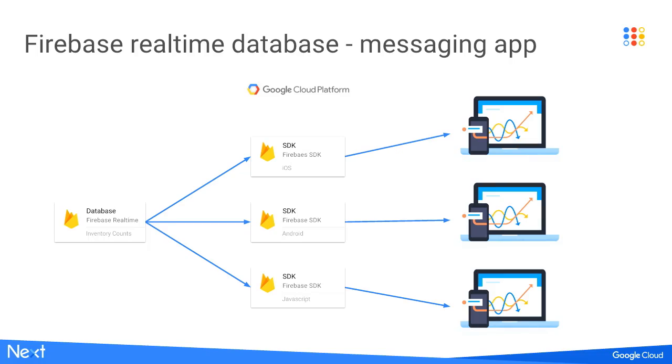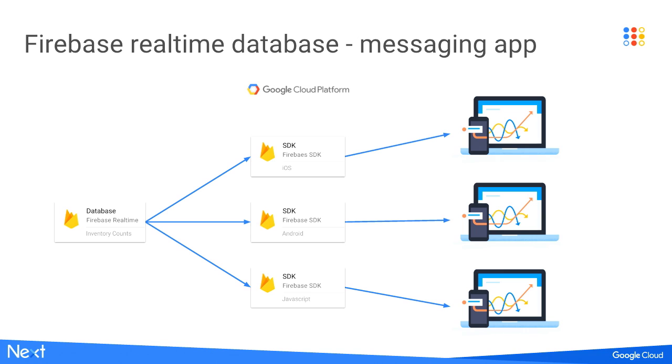And again, the beauty of Firebase is because you're building on their SDKs, your architecture is very simple. You have a number of devices that have integrated their SDKs into your application, and it's all going to a centralized location in the back. A good example here is Firebase real-time database. Another good example is Firebase Analytics.